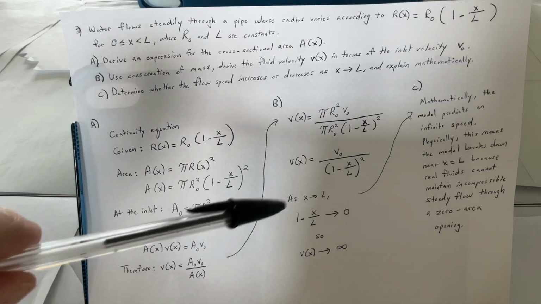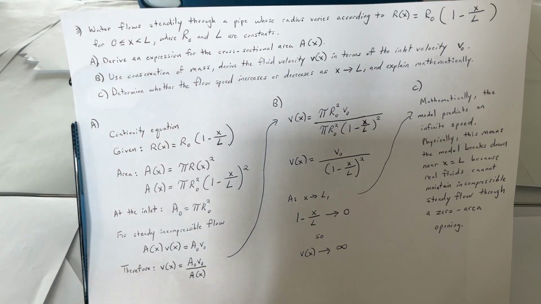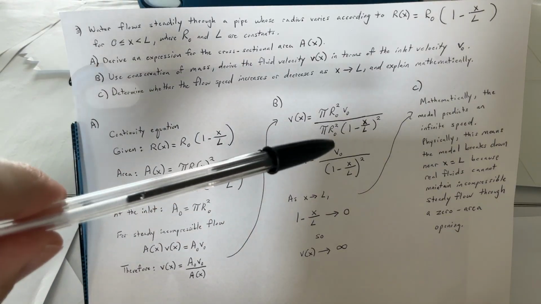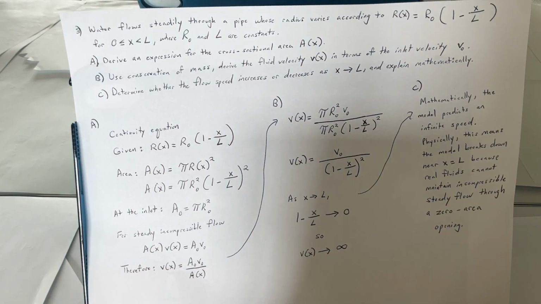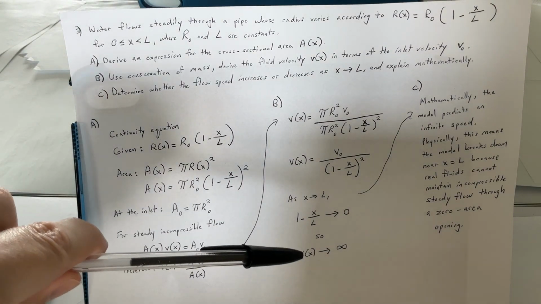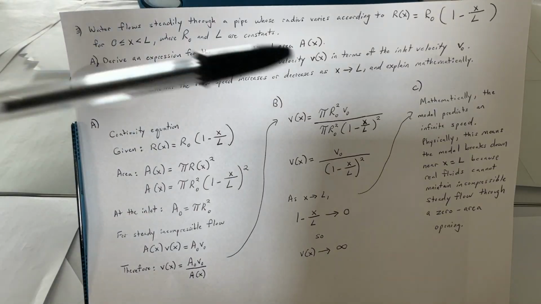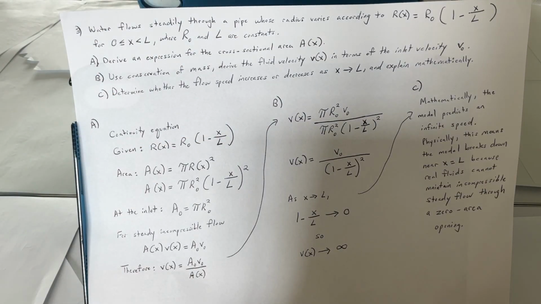So if you're dividing by an infinitesimally small number, by that numerator v naught, your v of x is going to approach infinity. So what we could say in part C is mathematically the model predicts an infinite speed.